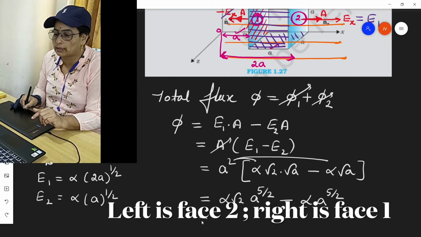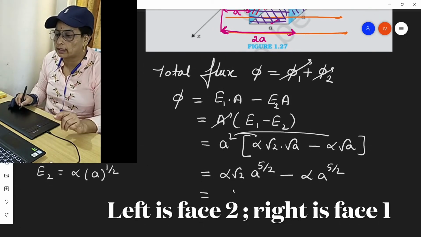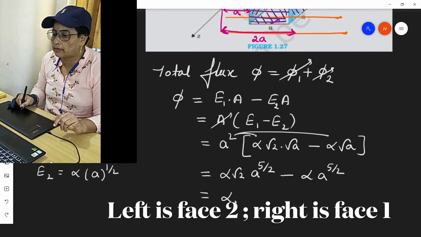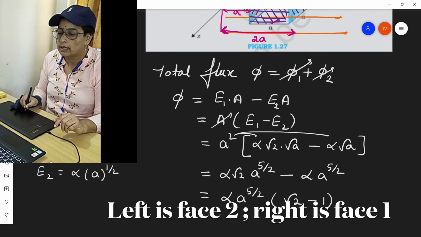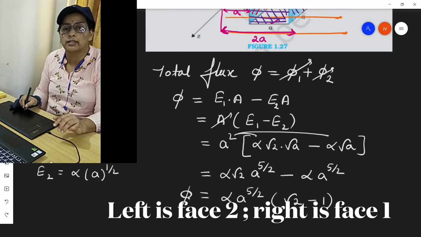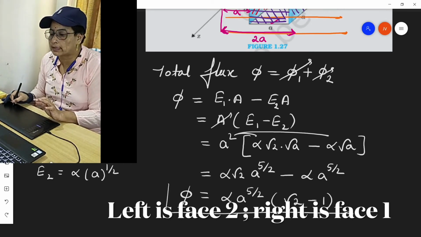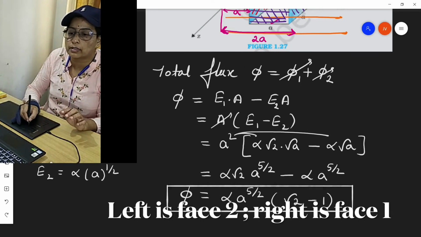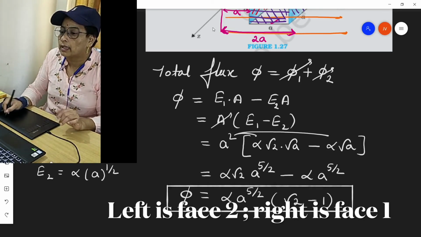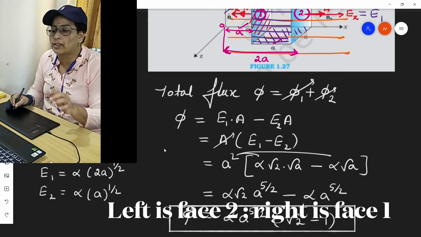Let's see what highest common factor comes out. The highest common factor is alpha a to the power 5 by 2, and in the bracket we will have root 2 minus 1. So the total electric flux due to this cube is this. And what was x here? Let me show you clearly on the diagram. x was the distance from the origin of the two faces.